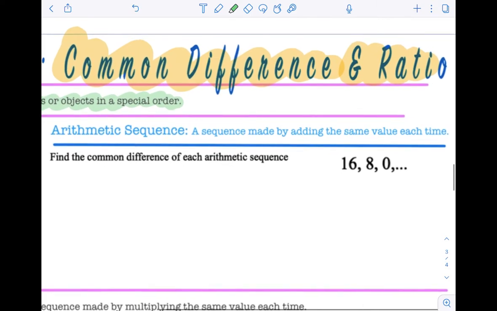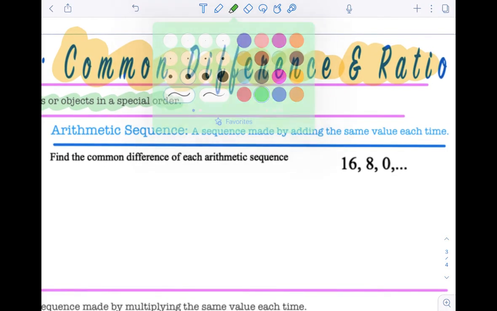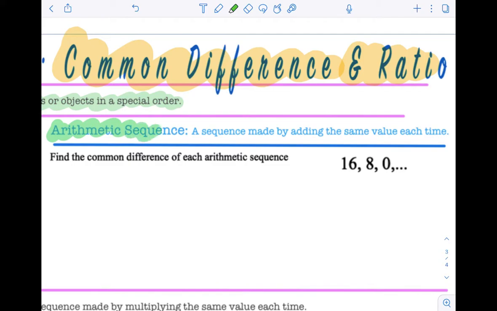The first type is called an arithmetic sequence. An arithmetic sequence is a sequence made by adding the same value each time. It's a list made up of numbers where you add the same number every time.